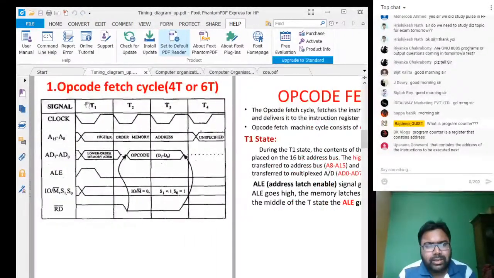If you see here, in the middle of this first T state, this is going to get low now. When it gets low, it means that the bus is now going to be used for transferring data, that is, it will transfer contents from memory to CPU. In the first case, when it was high, it was transferring from CPU to memory. Now if it is low, the data will flow the other way, from memory to CPU.